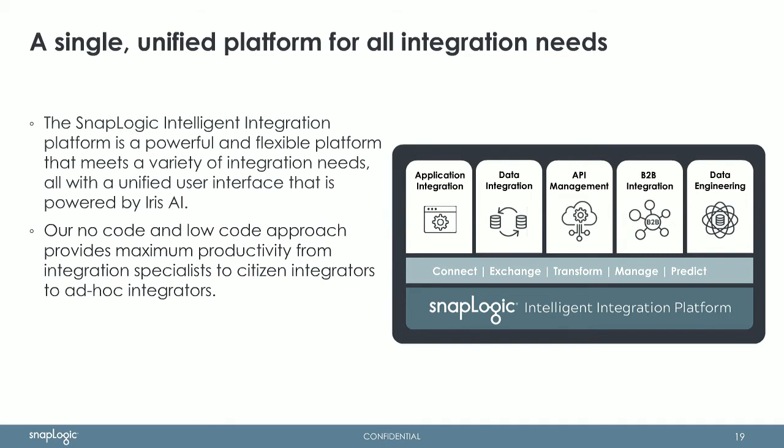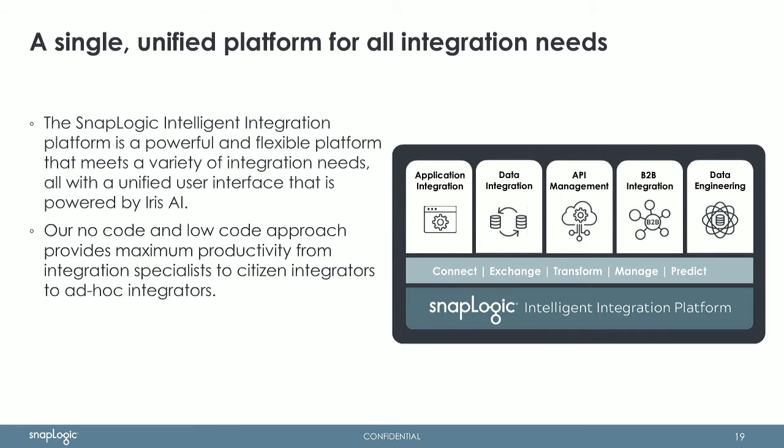The second key differentiating factor is the fact that as a platform, we have always focused on making it easy for non-coders to build integrations. Because we have taken an approach of low code and no code to this integration problem, and it improves the productivity of not just integration specialists, so that is people who can code, but also citizen integrators.